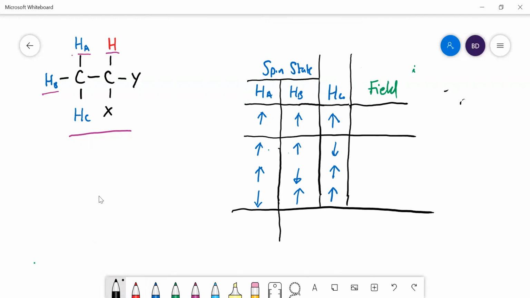What's the other possibility then? We'll run out of space here as well, I think. We could have one up and 2 down. So we can have 1 up, 2 down.